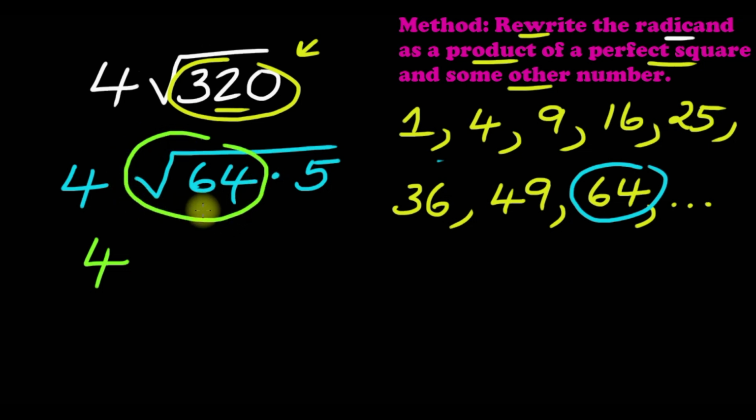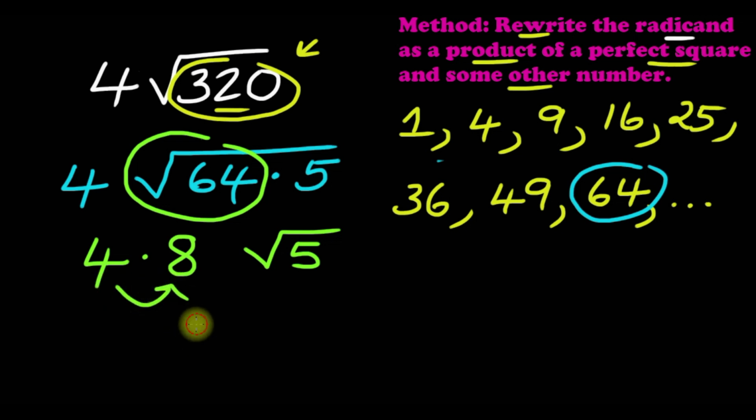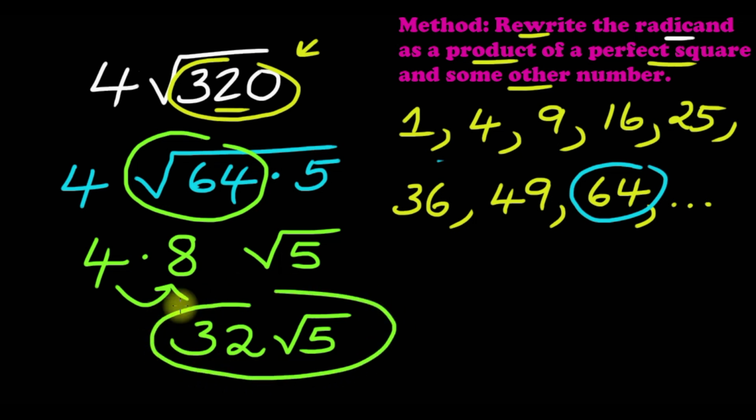Well, the square root of 64 is going to be 8 because 8 times 8 is 64. And then we do not know what the square root of 5 is, so we're just going to leave it alone. Then 4 times 8 is 32, and the square root of 5 stays the same. Okay, so the final answer is 32 times the square root of 5.